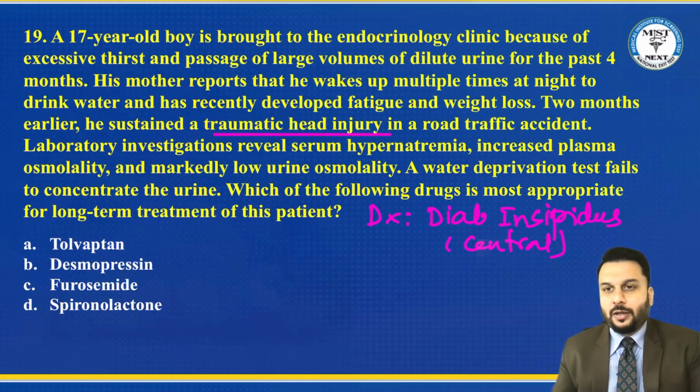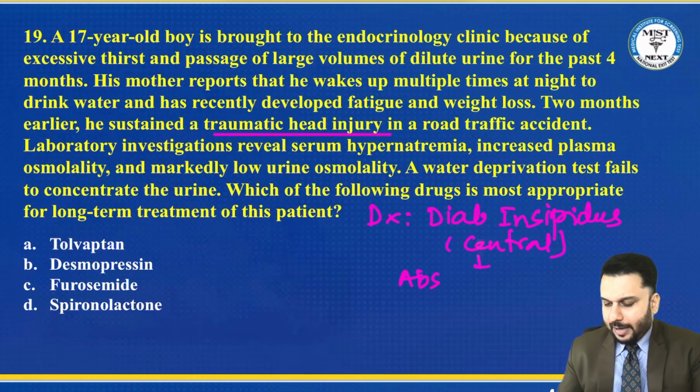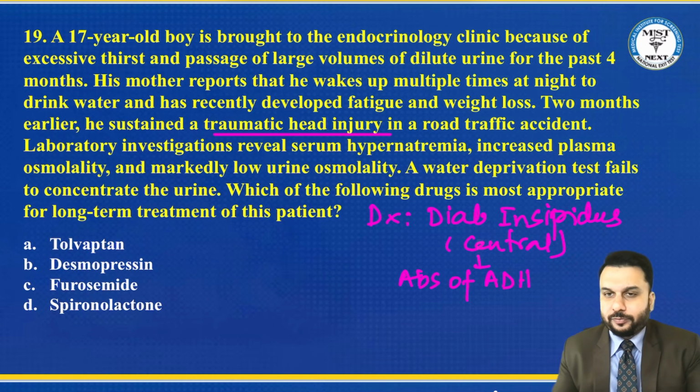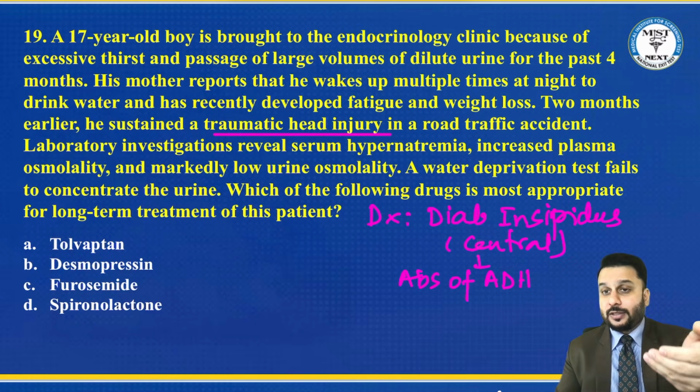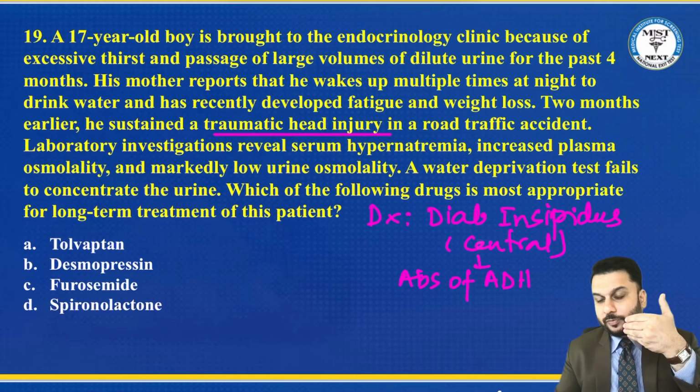Okay. So what happens in diabetes insipidus? Now, if you're talking central, there is absence of ADH, also called vasopressin. Now look, what does ADH do? ADH saves water. The name itself is saying anti-diuretic hormone. So if there is absence of ADH, you can't save water.